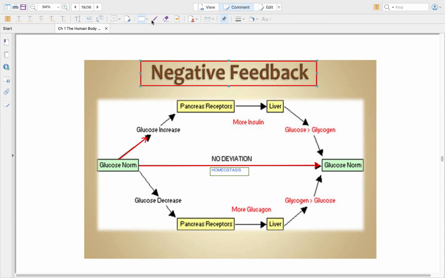The first step in the negative feedback loop is this change. Glucose increases. What now? Well, there has to be a response. That's step 2. So we have these pancreatic receptors. Their job is to detect this. They immediately detect that glucose has increased in the blood, and they're going to respond. They're going to release insulin.